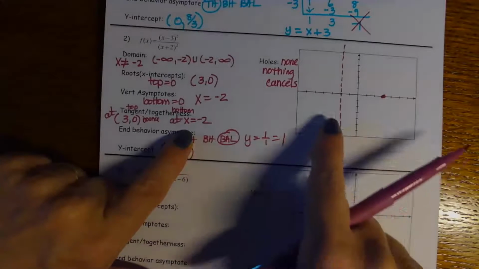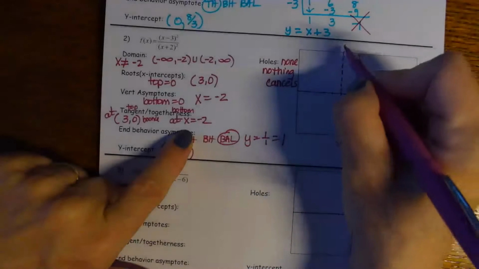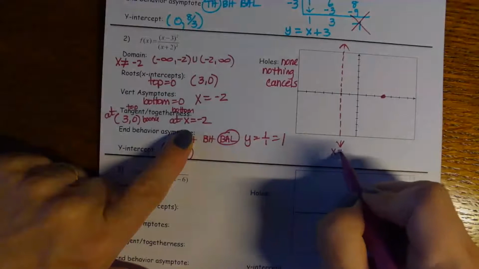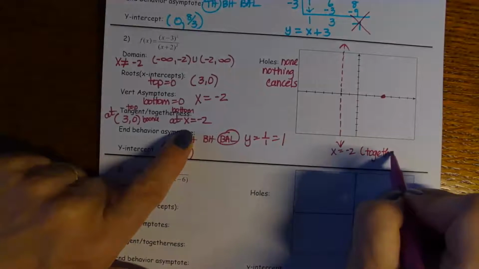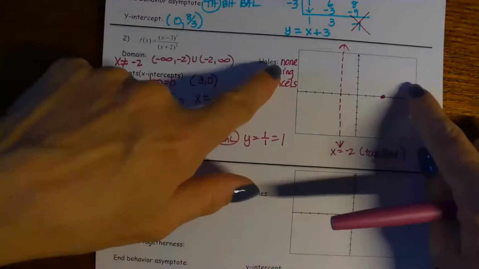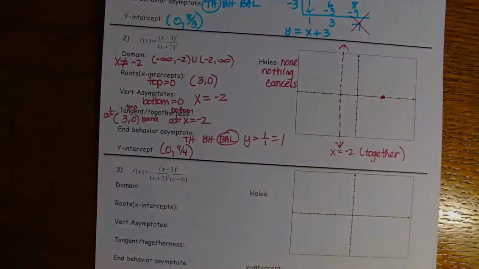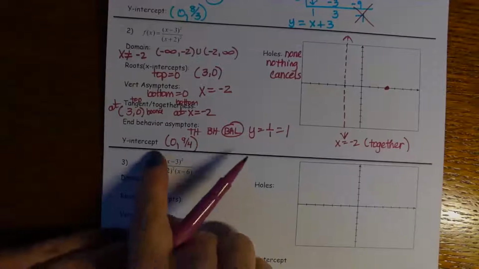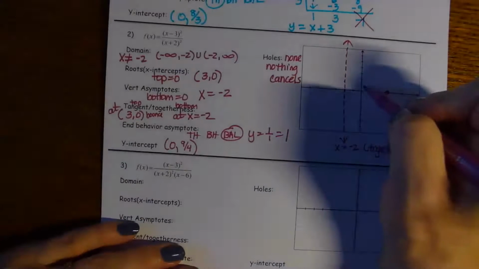What does that tell you on either side of this asymptote? They're together. That means the arrows are either both going up or they're both going down. They're together. And the y-intercept is at 9/4. How big is that? A little bigger than 2? Okay.